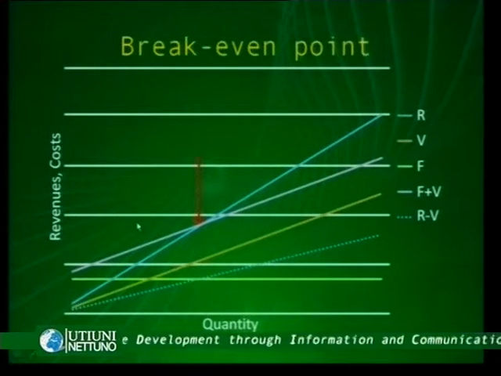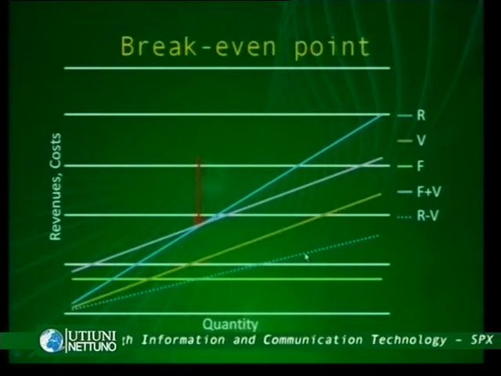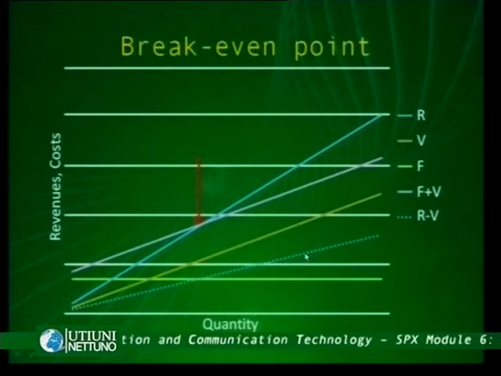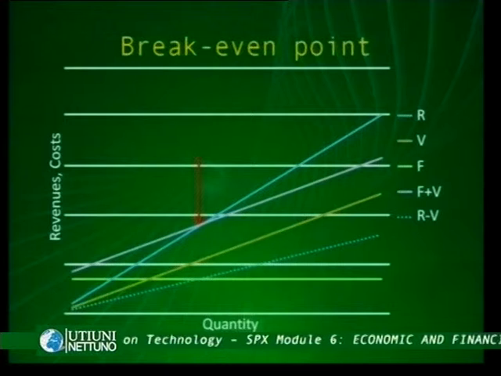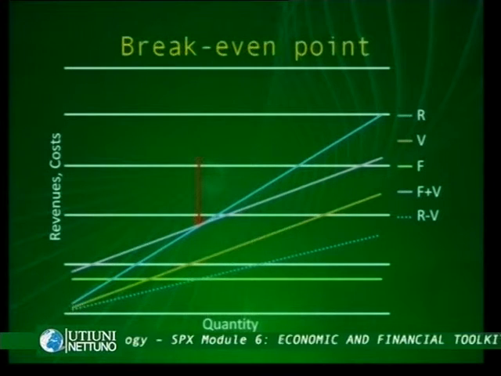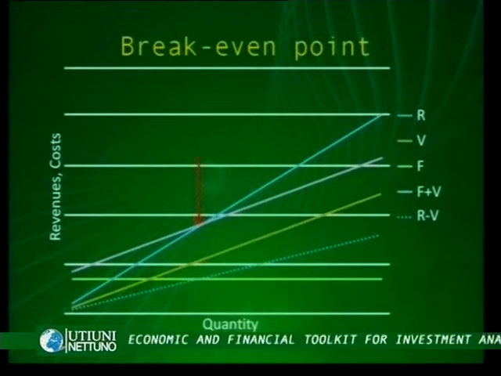Another piece of information that is useful is represented by this dashed line in blue that represents the difference between revenues and variable cost. So not revenues and total cost, but only revenues and variable costs.